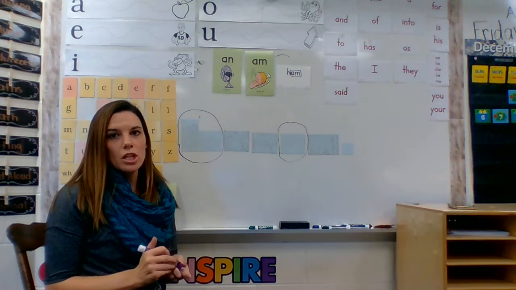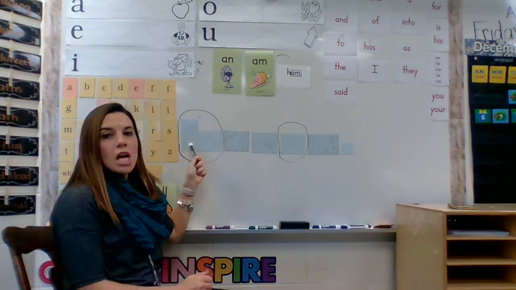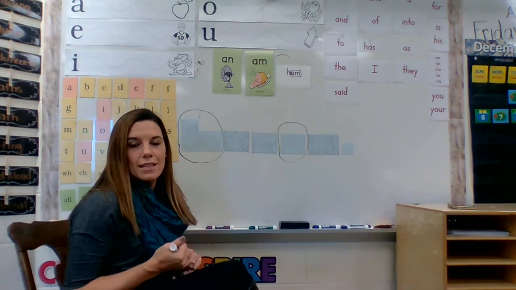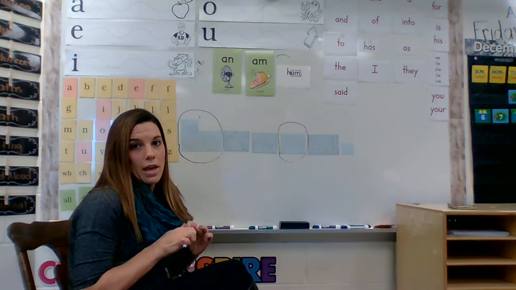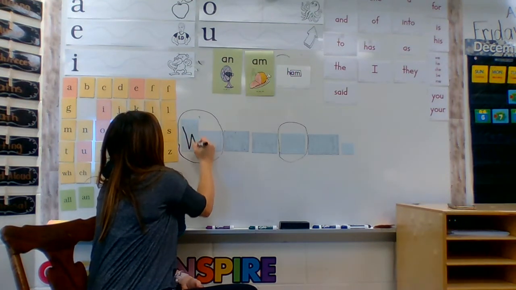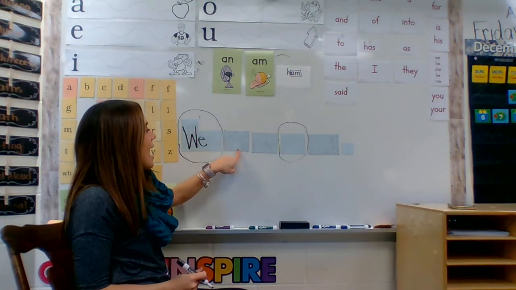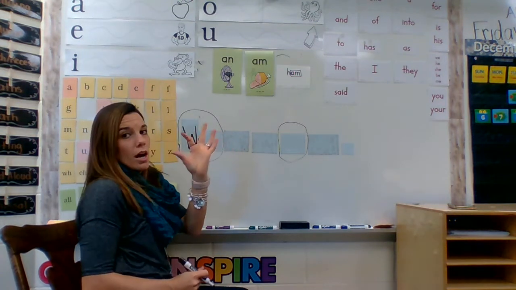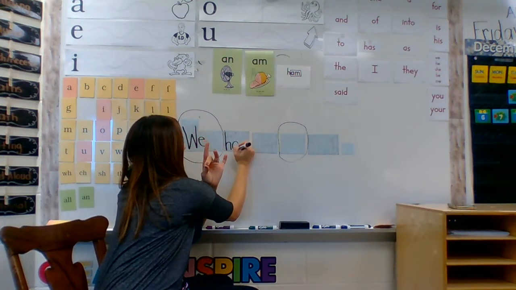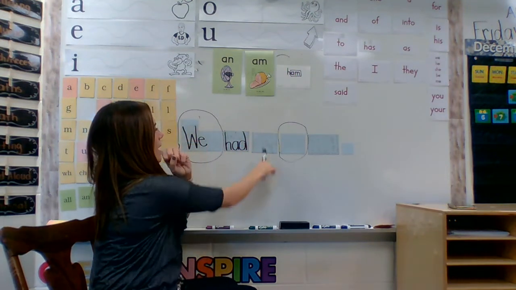Okay, now I'm going to go ahead and write the words on my frames. The words that I circled are trick words, so I should know how to spell those if you have been practicing your trick words, okay? We. Remember, this is the beginning of a sentence, so that W needs to be uppercase. We had. Let's tap it out. Had. Ham.